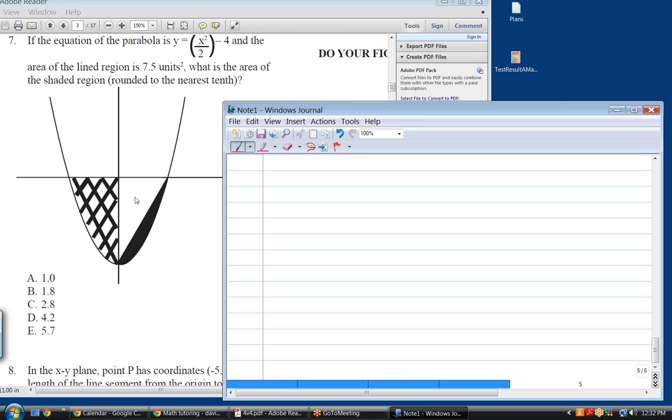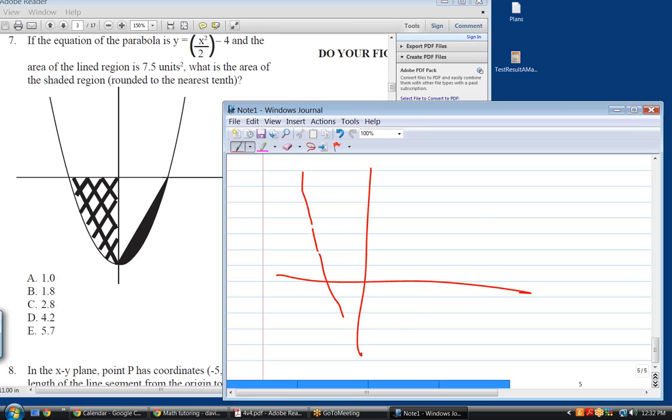We would in calculus, but we don't have it in non-calculus to figure out the area of this region. However, we do know that this whole thing is symmetrical with this whole thing, and they're giving us the area of this as 7.5. So we know the whole area of this is 7.5, minus the area of that triangle would give us this area that's black shaded, right? Yeah. So all we have to do is figure out the area of that triangle.